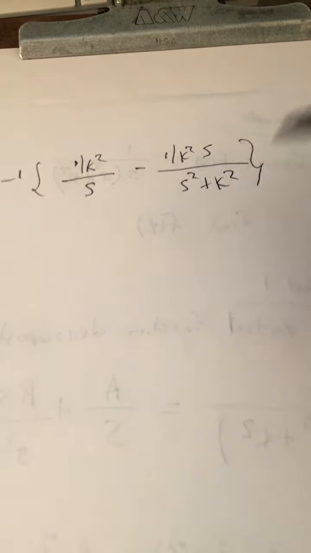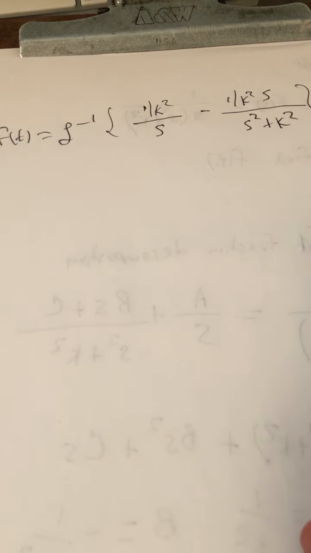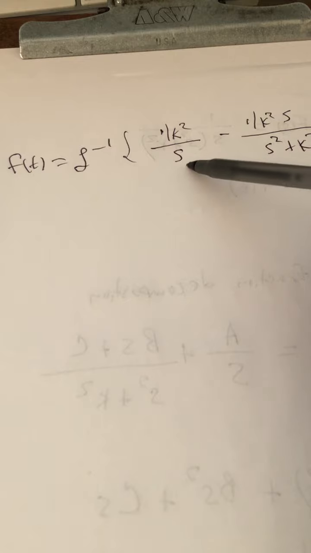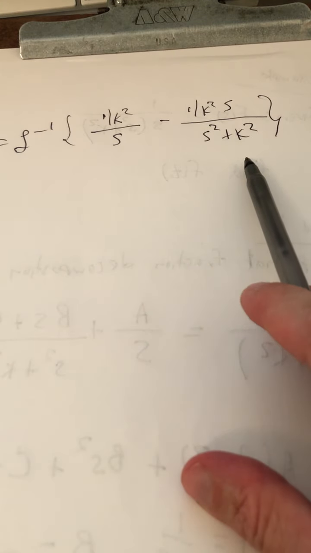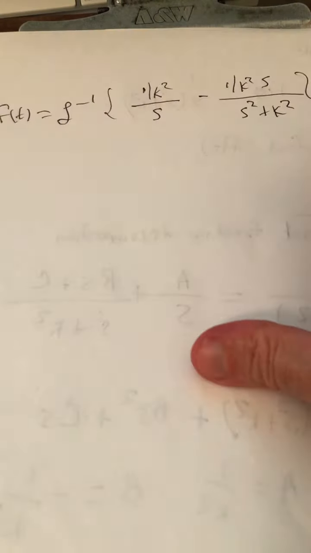And remember that C was 0. So this is what we have to invert. Remember that, of course, k is a constant. The inverse Laplace transform of 1 over s is a constant 1. And you should recognize s over (s squared plus k squared) as being the transform of cosine, just in place of a, we have k.